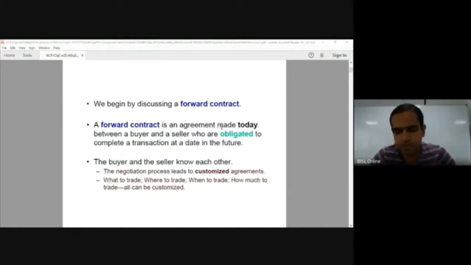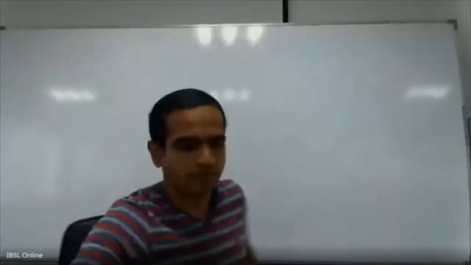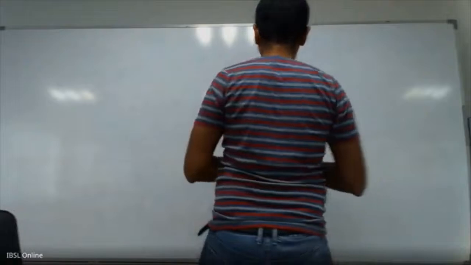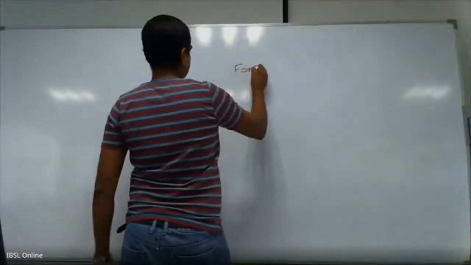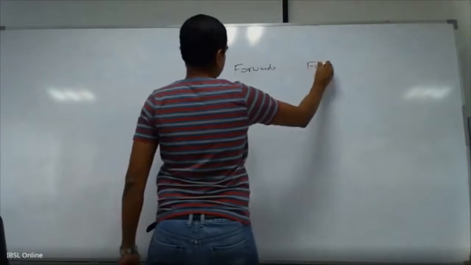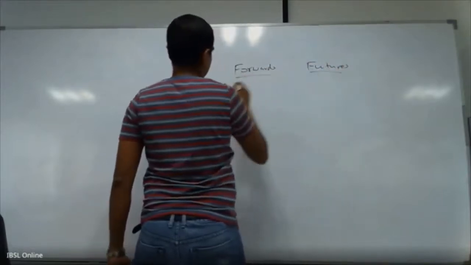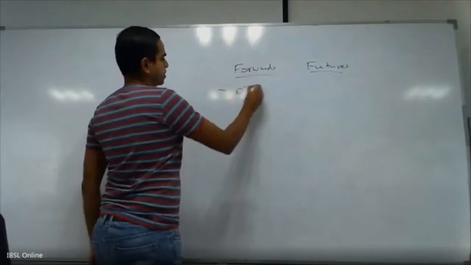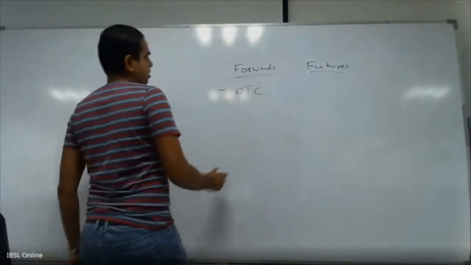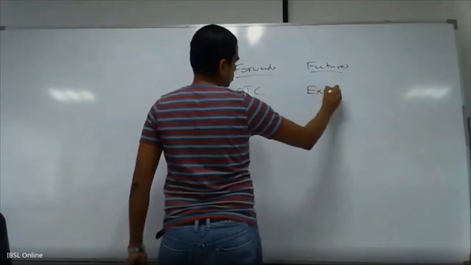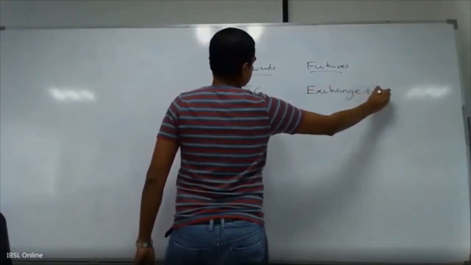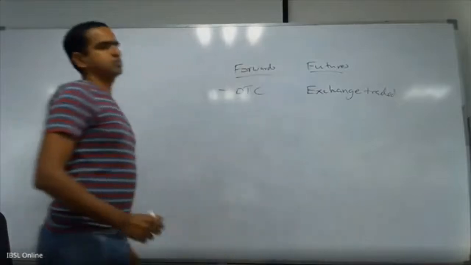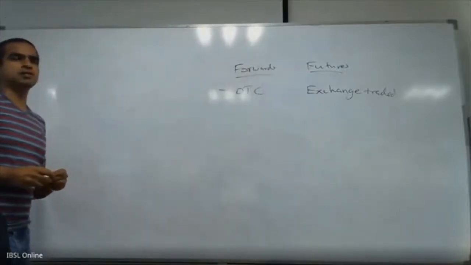Right. So the main difference between forward and futures is a forward contract is over the counter. Forwards trade over the counter, OTC. Whereas futures are exchange traded. So this is the main difference between forward and future.